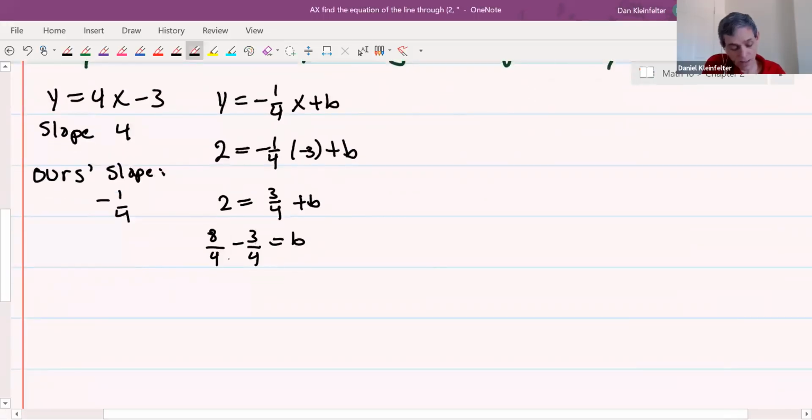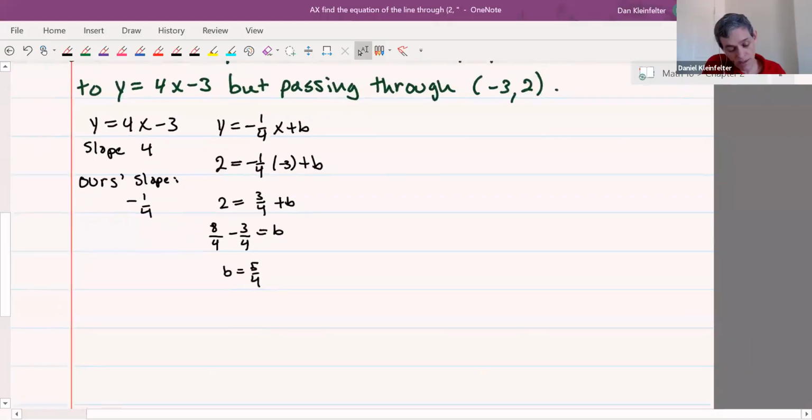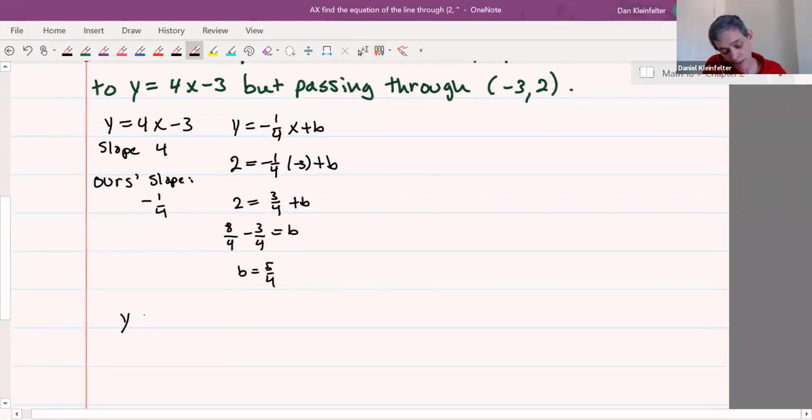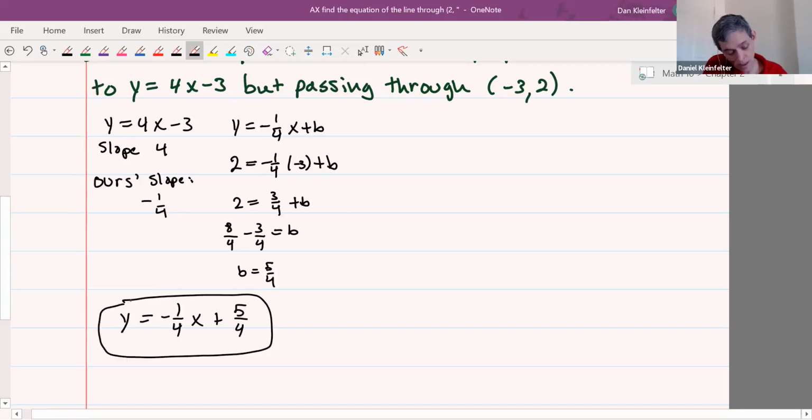And so that means that our b has to be 5/4. Okay, so then putting together the parts, our equation will be y equals -1/4 x plus 5/4. Okay, so that's how that looks.